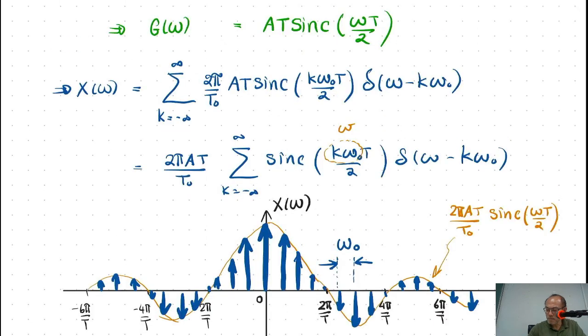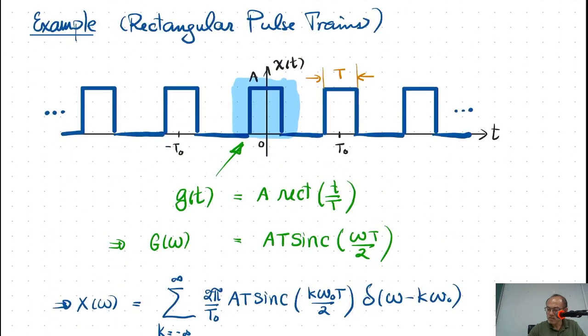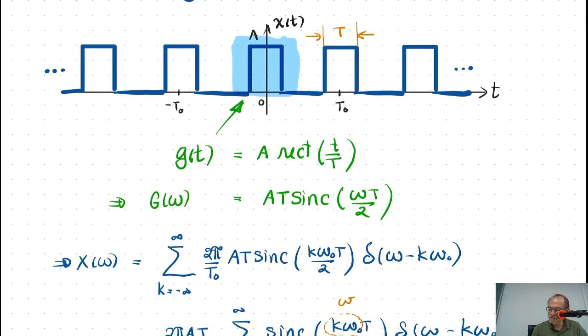Of course, if you change the generating signal, in this example, the generating signal is a very easy signal. It is a rectangular signal, right? But you can change it to anything that you want.